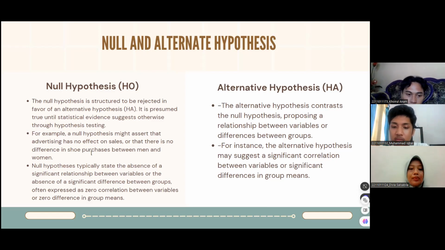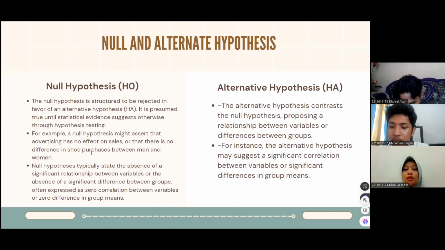For example, a null hypothesis might assert that advertising has no effect on sales, or that there is no difference in shoe purchase between men and women. A null hypothesis typically states the absence of a significant relationship between variables or the absence of a significant difference between groups, often expressed as zero correlation between variables or zero difference in group means.